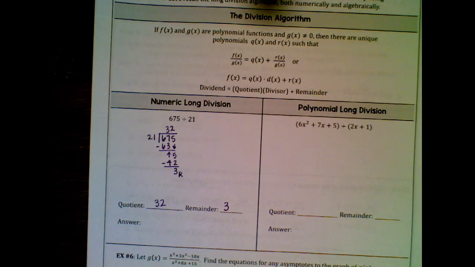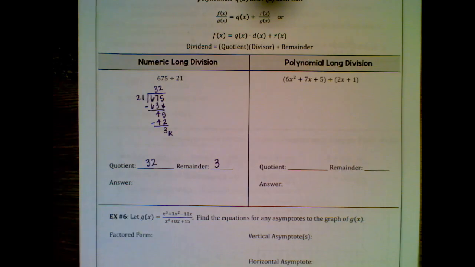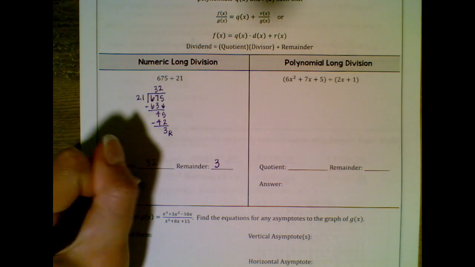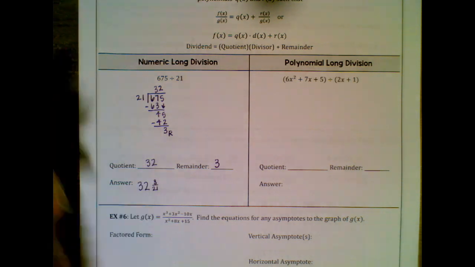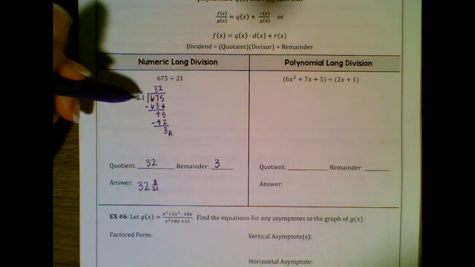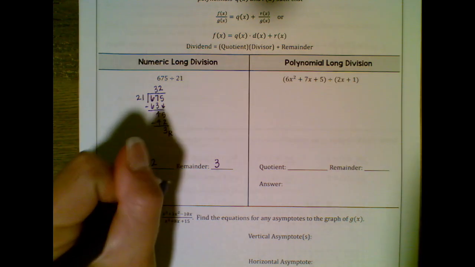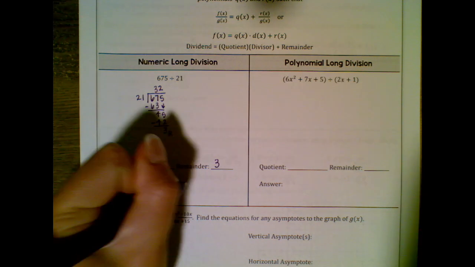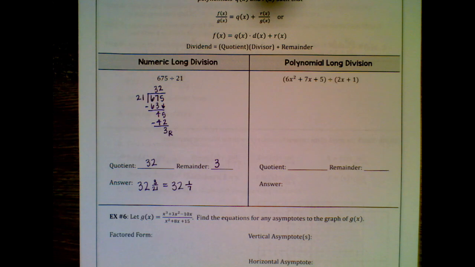The way you would write your answer would be 32 and 3 over 21, because I'm doing 3 divided by 21 still, but I can't do that. 3 over 21 does reduce to 1 over 7, so that would be the most simplified form there.